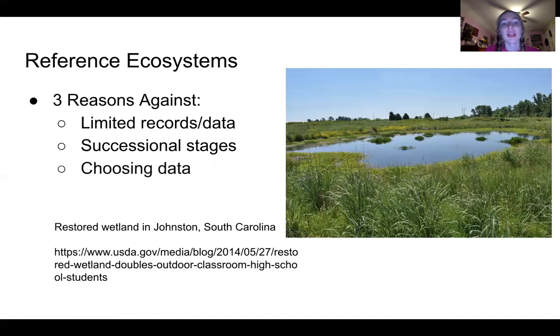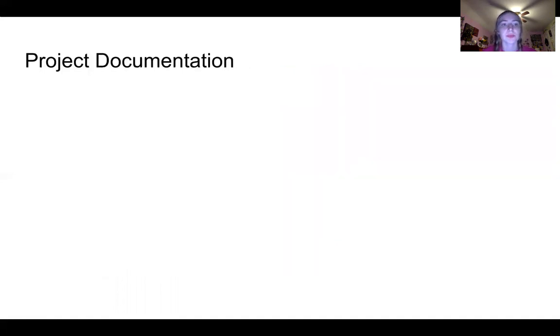And you have to be careful how you choose the data. Data could sometimes be biased, as well as there is no ecological yardstick for you to measure everything by. So what might be measured or might incorrectly be measured in your reference ecosystem, you have to keep in mind that your data could not be perfect. This is a restored wetland in Johnston, South Carolina. So this could be another example of an ecosystem if you were in the same area restoring a wetland.